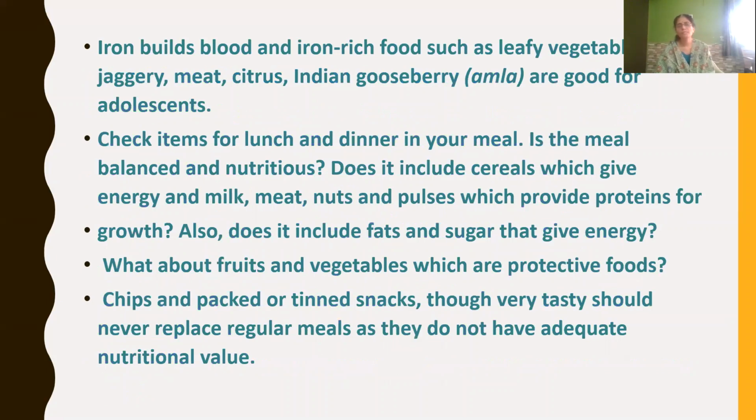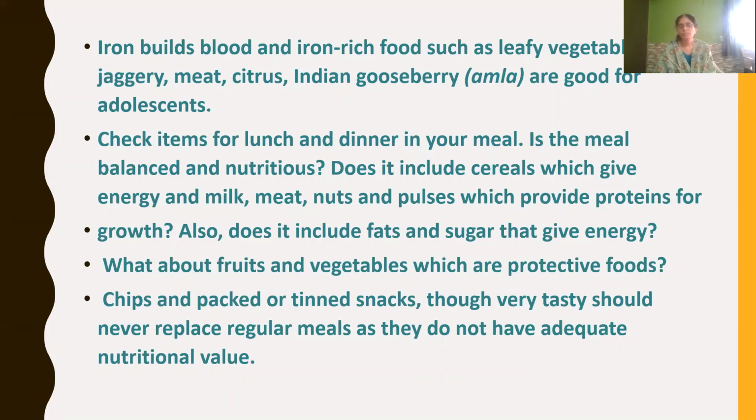Iron is very essential for the production of blood. Iron-rich foods include leafy vegetables, jaggery, meat, citrus fruits, and Indian gooseberry, that is called amla. They are all good for adolescents. Check the items in your lunch and dinner to see whether the meal is balanced as well as nutritious.